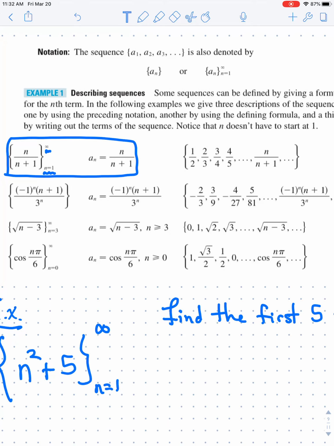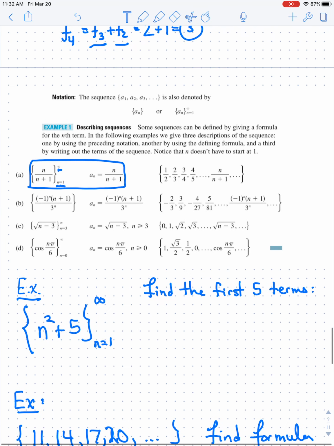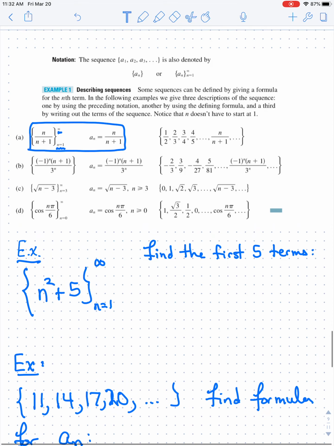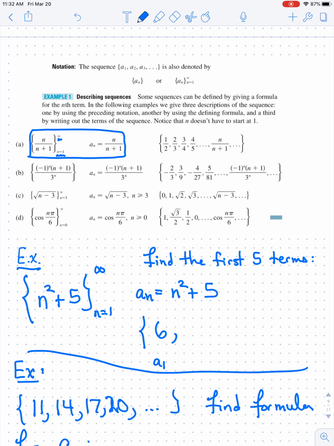So let's do an example where we work it out. Suppose I wanted to find the first 5 terms of this sequence, where an is equal to n squared plus 5. If I let n equal 1, that's 1 squared plus 5, that's 6. If I let n equal 2, that's going to be 4 plus 5, that's 9.